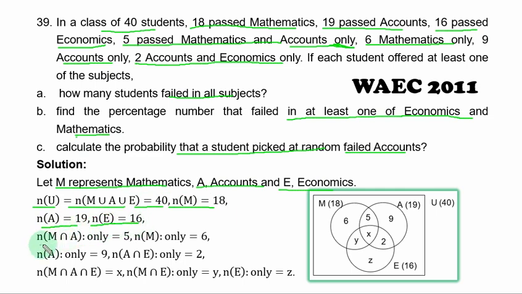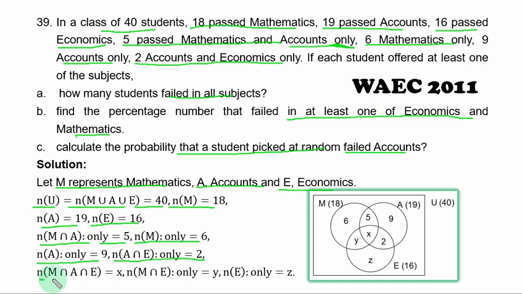Mathematics and accounts only, you have 5. Mathematics only 6. Accounts only is 9. Accounts and economics only is 2. Those that passed the 3 subjects, they are unknown.